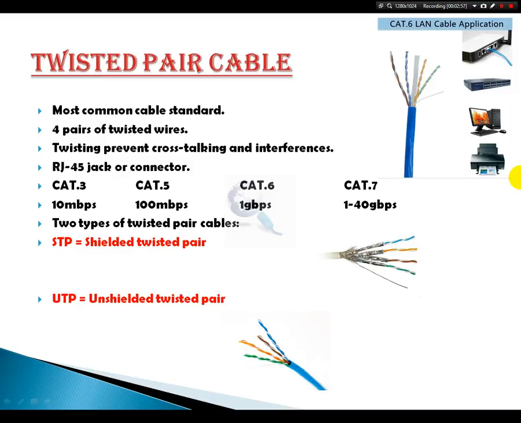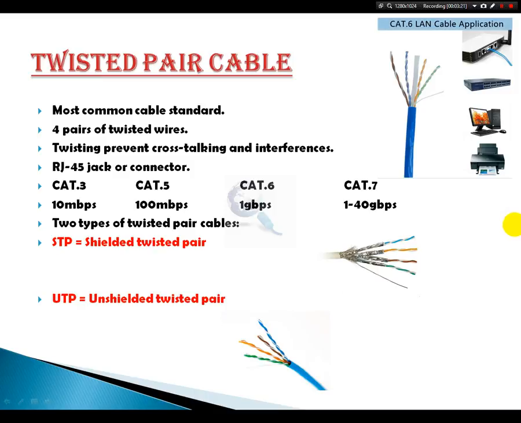I have seen Cat5 subcategories go up to 1 gigabit per second on a short distance. The same thing with Cat6, it can go up to 10 gigabits per second on a short distance. And as you see here, Cat7 can go 1 to 40 gigabits per second, and on a short distance, up to 40 gigabits per second.